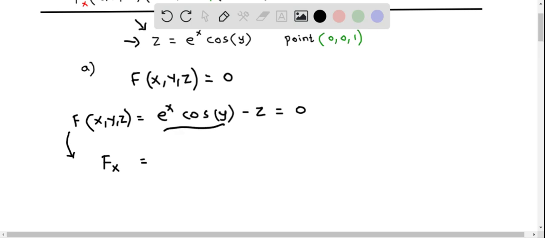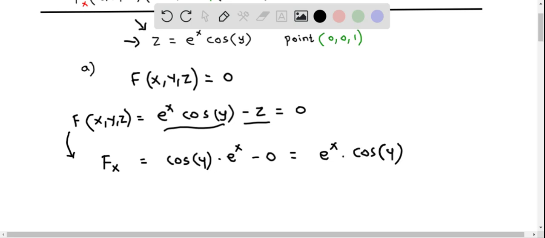So we treat cosine y as a constant and differentiate only e^x. The derivative of e^x is e^x. Now negative z is a constant, so it becomes 0. So we get e^x times cosine of y. This is the partial derivative of f with respect to x.